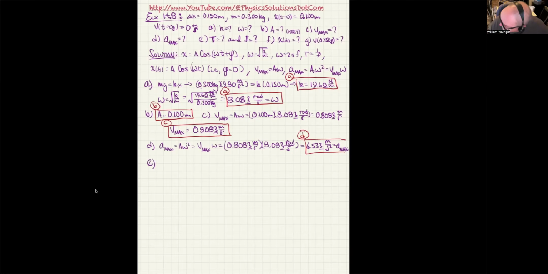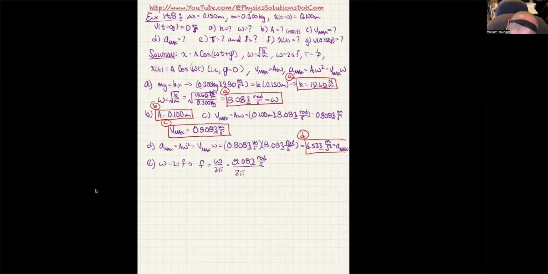E wants us to find T and F. Omega is equal to 2 pi F. So F is equal to omega over 2 pi. And we know omega is 8.083 radians per second.